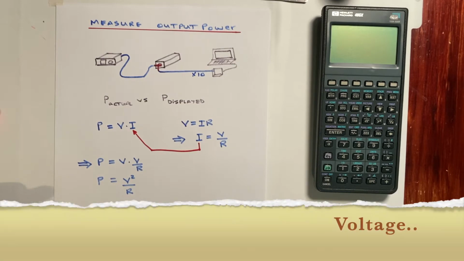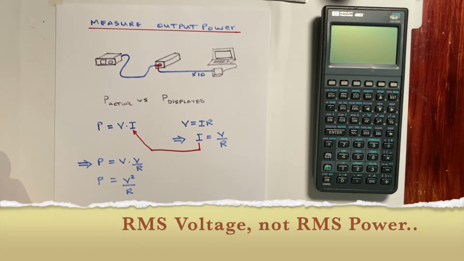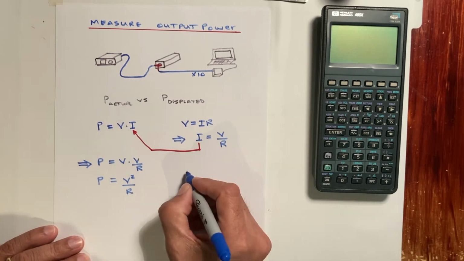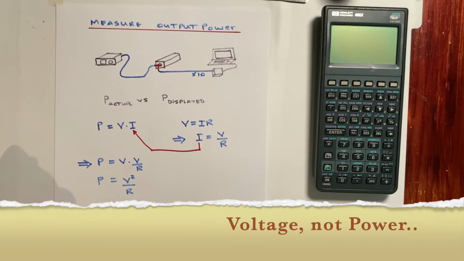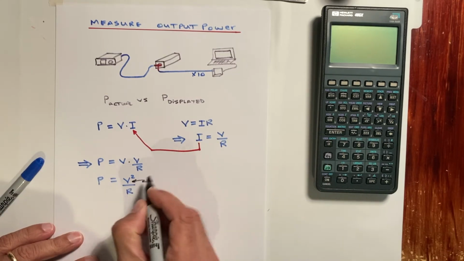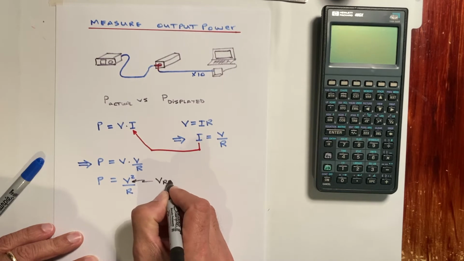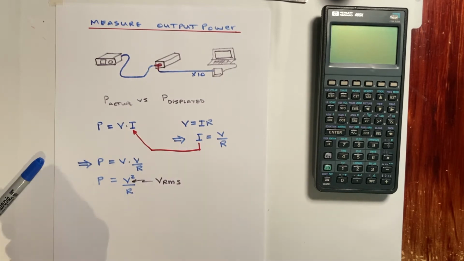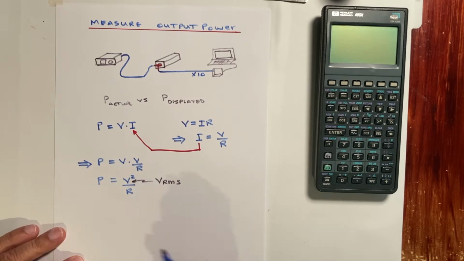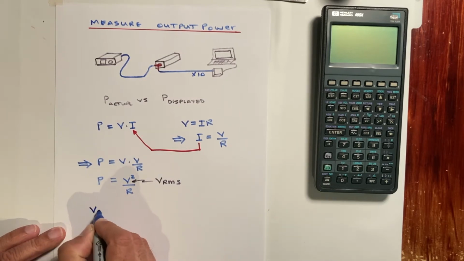Now, the power that we're going to be using, of course, is the RMS power. So we have to do one bit of adjusting here. In other words, this power right here is going to be the RMS. The reason we have to do this conversion is that we're going to be measuring volts peak in the oscilloscope.